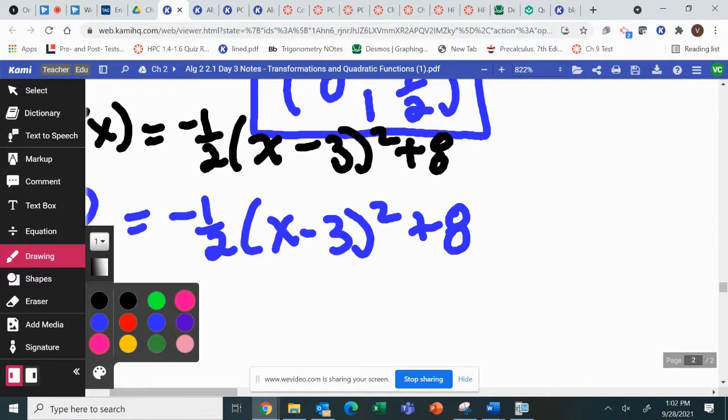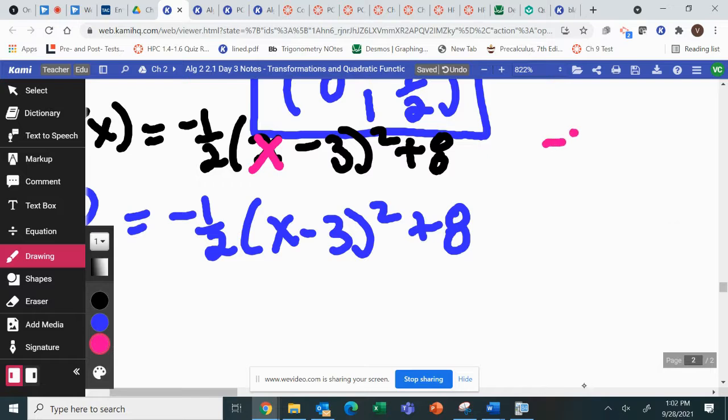If you're not sure, think about, here's my x. What am I doing to the x in order? First, I'm subtracting 3. Then I'm doing squared. Then I'm multiplying by -1/2. And then I add 8. By order of operations, parentheses, exponents, multiplication, addition. So what's the last thing that's being done? That's the first thing I need to get rid of. So I need to subtract 8 first.